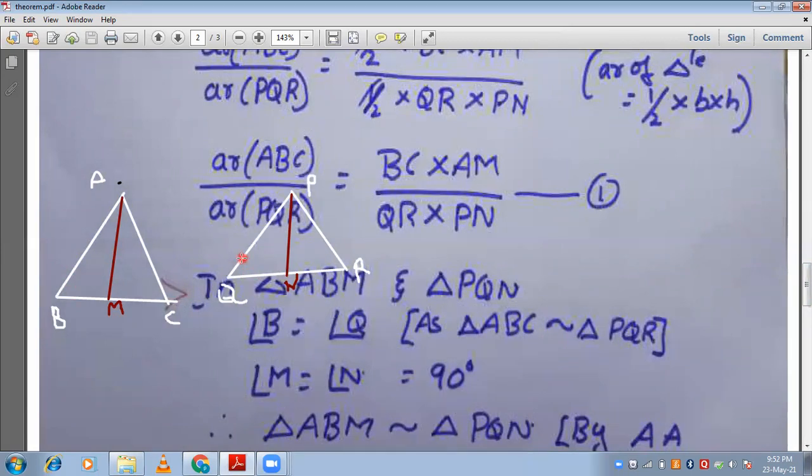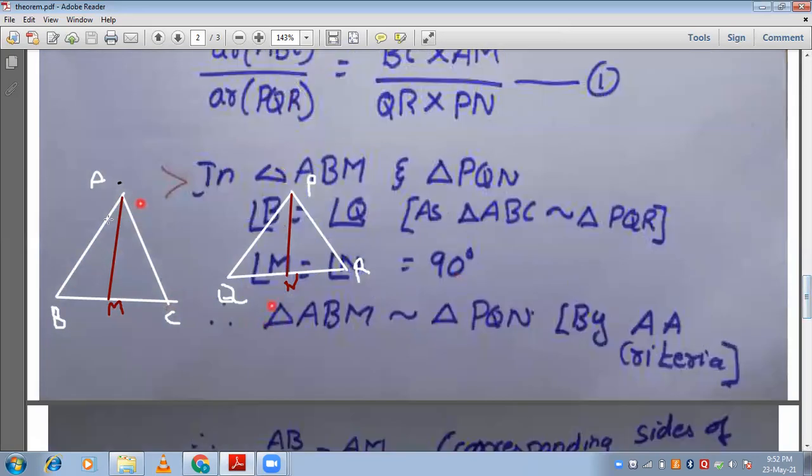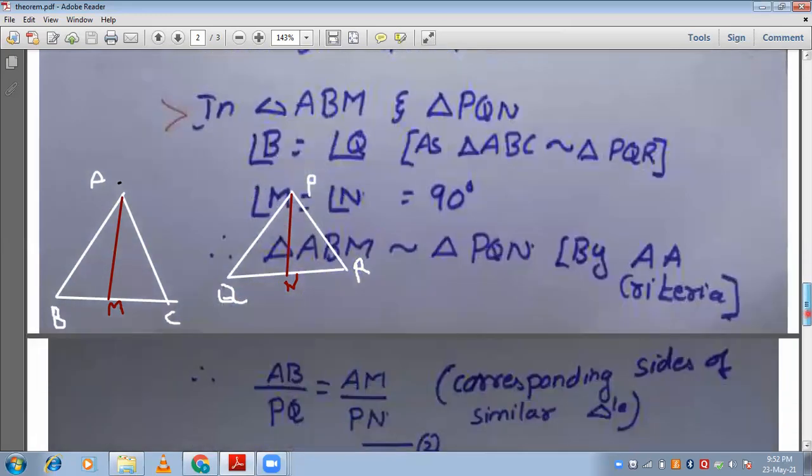Angle B equals angle Q because the two triangles are similar. Next, angle M equals angle N, which equals 90 degrees, because AM is perpendicular to BC and PN is perpendicular to QR. Therefore, angle M equals angle N equals 90 degrees. Therefore, triangle ABM is similar to triangle PQN by AA criteria.